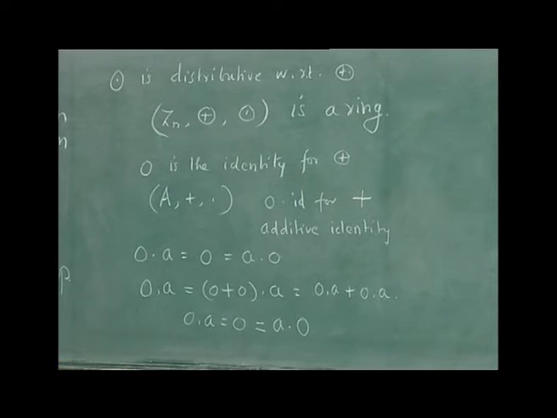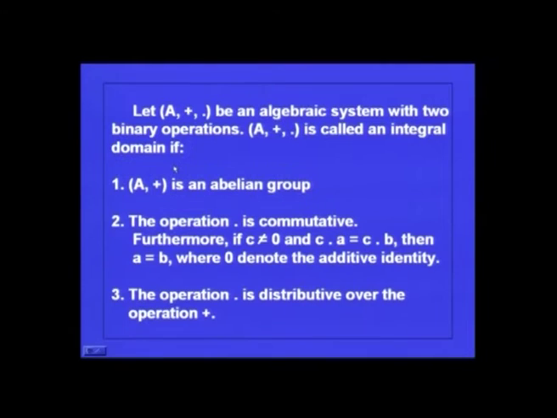So, with this let us see what is meant by an integral domain. Again you have a set with two operations (A, +, ·), which we call addition and multiplication. It is an algebraic system with two operations, and this is called an integral domain if the following conditions are satisfied. The first condition is the same as for ring: A plus is an abelian group. Then the second condition is dot is a commutative operation.